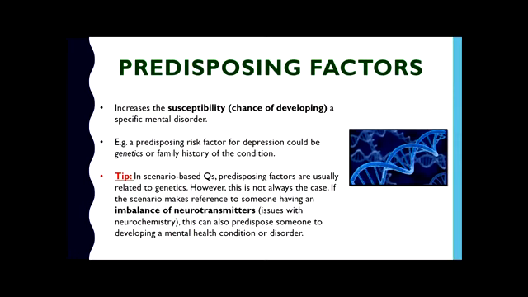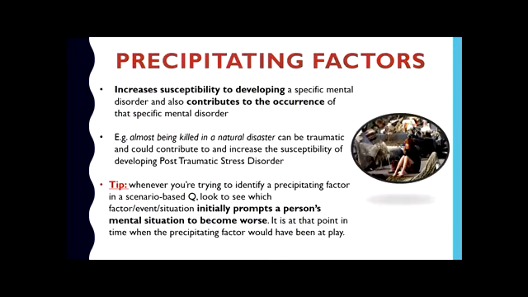Because me having an imbalance or dysfunction of GABA or serotonin in my brain predisposes me, or increases my susceptibility, to developing that mental disorder compared to someone who doesn't have that imbalance. So it's not just genetics, it can also be imbalance of neurochemistry, imbalance of hormones and so on. So that's basically predisposing factors.